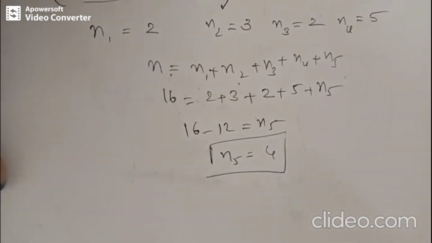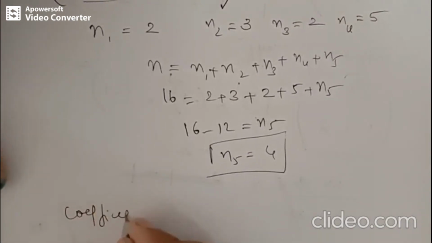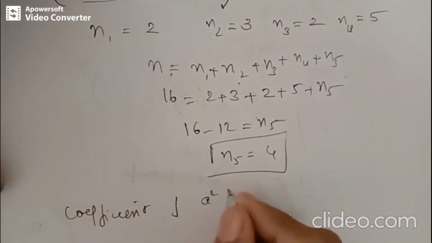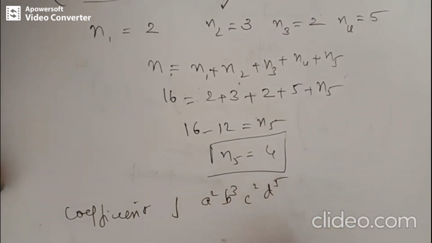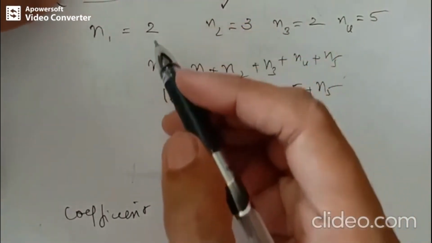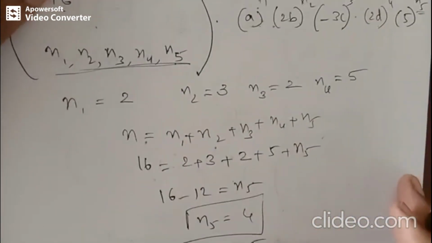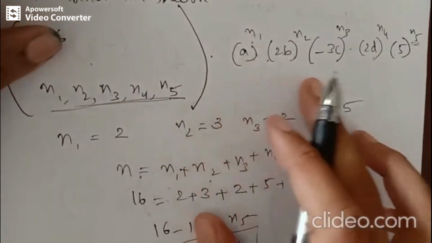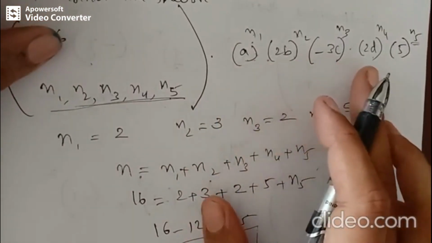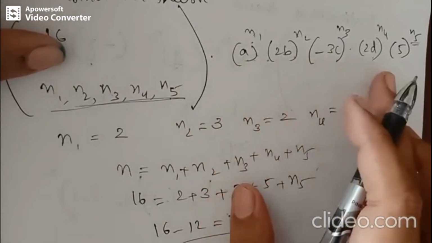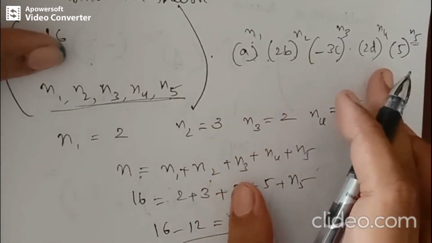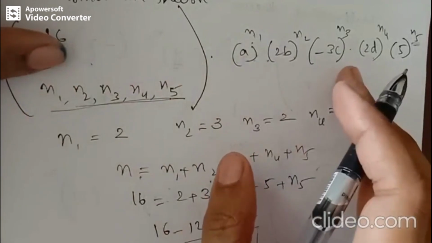Next, we have to find the coefficient of a square, b cube, c square, d raised to 5 in the expansion. So how can we get it? We can get it from all these terms, you can observe. We have been given the values of n1, n2, n3, n4 and n5, so we will get a square, b cube, c square, d raised to 5, and anything apart from these will be the coefficient.